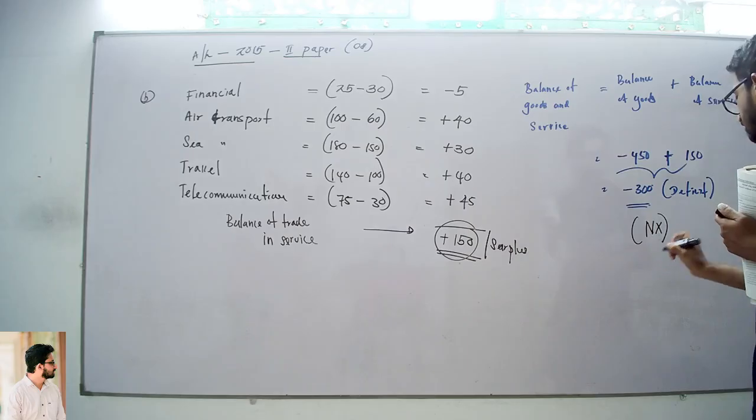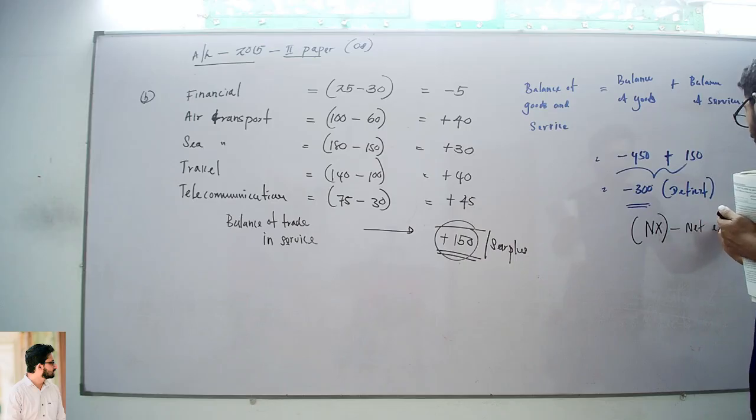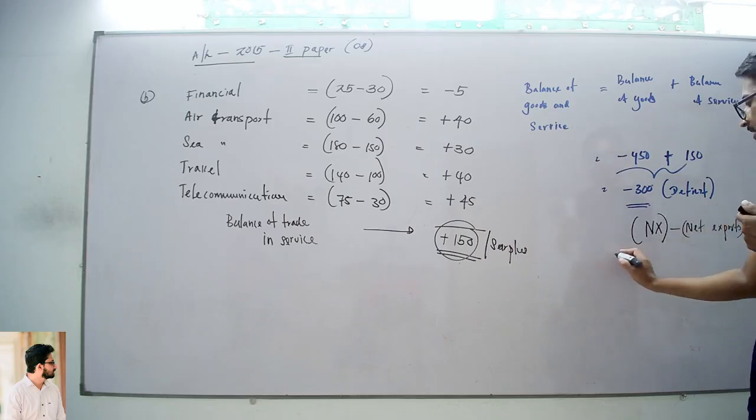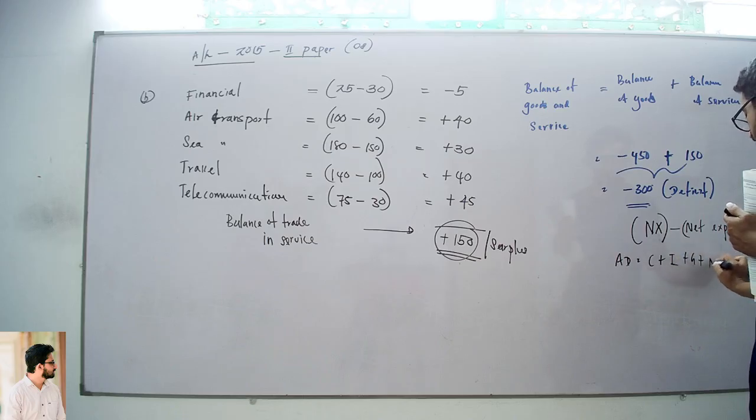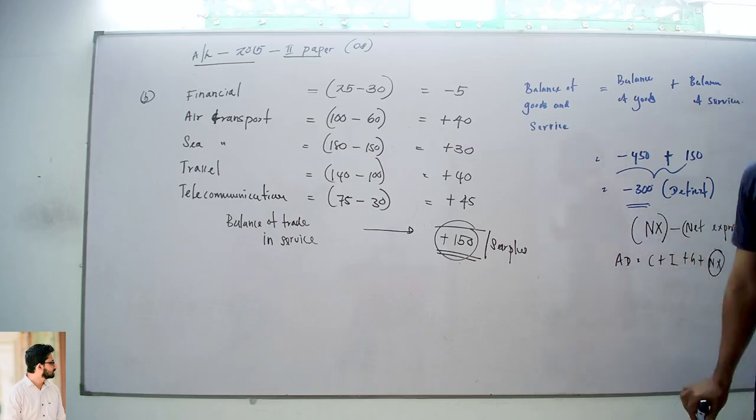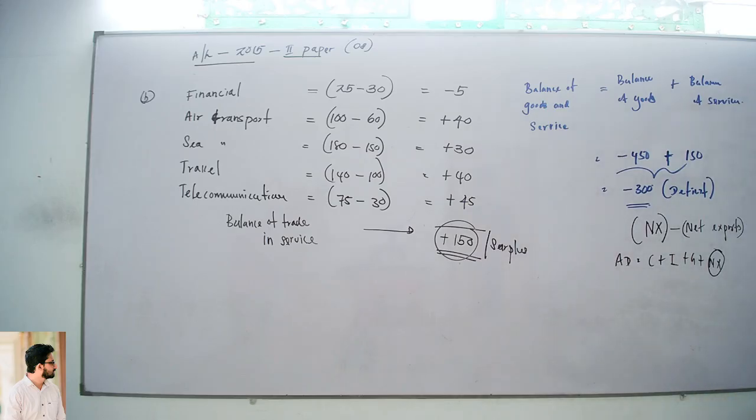Balance of goods and service account is called net exports, because aggregate demand consists of 4 parts, C, I, G, NX. NX means balance of trade in goods plus balance of trade in service.